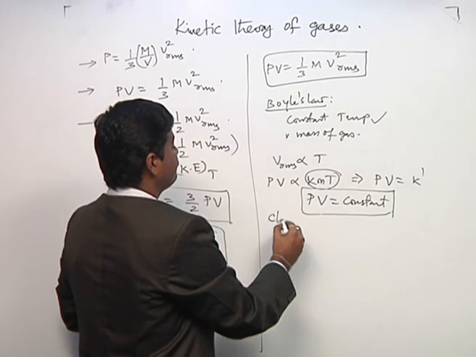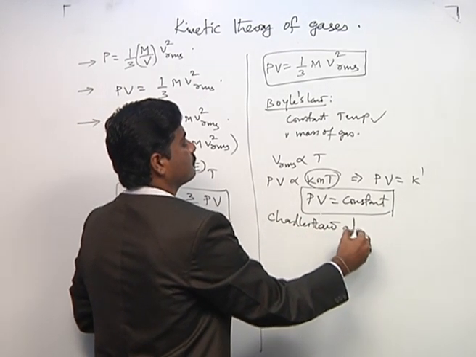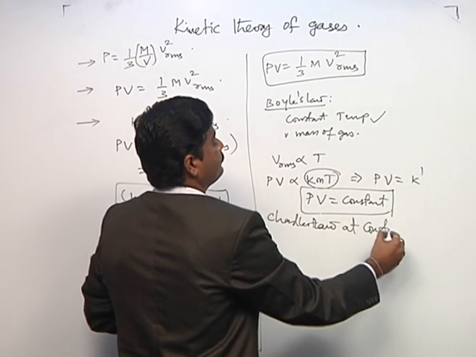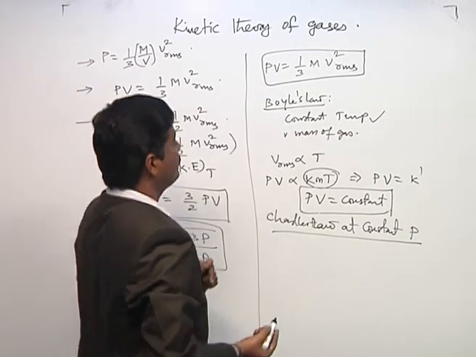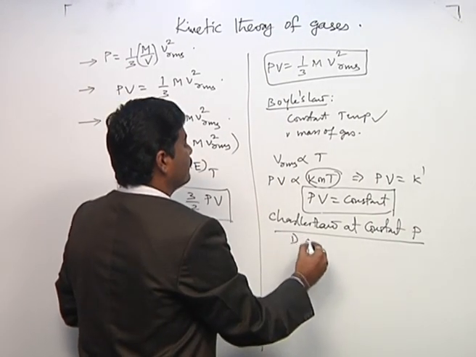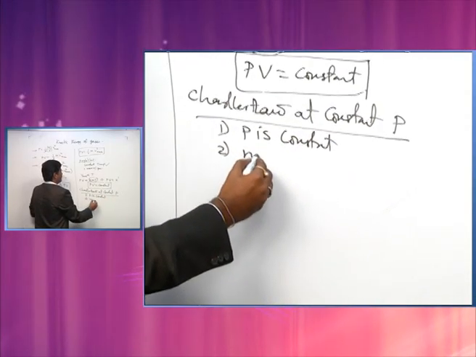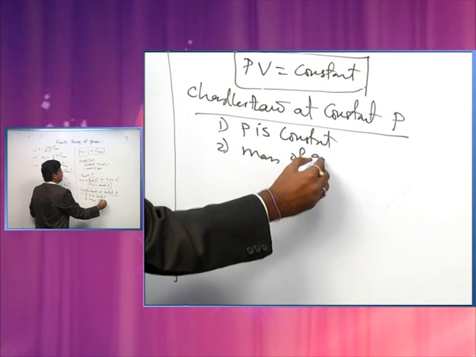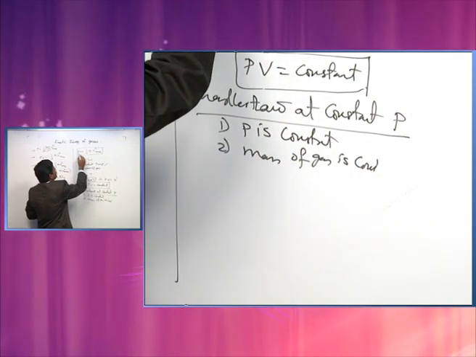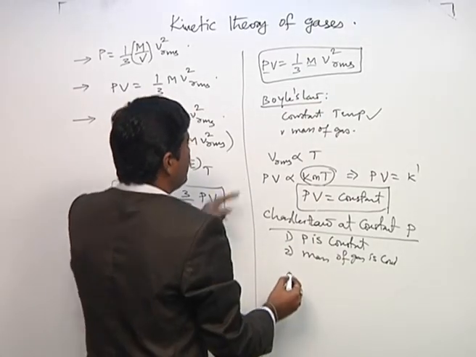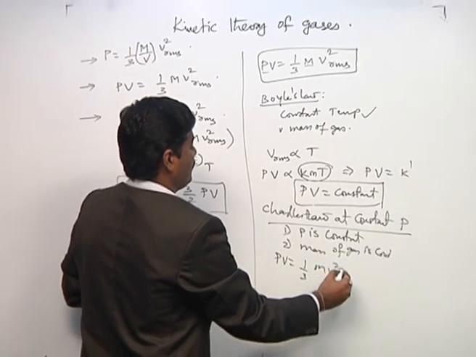Come to Charles's law at constant pressure. See here, P is a constant and the mass of the gas is a constant. We can write PV is equal to 1 by 3 m v square RMS.